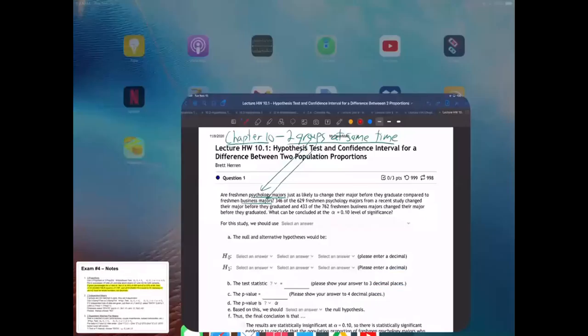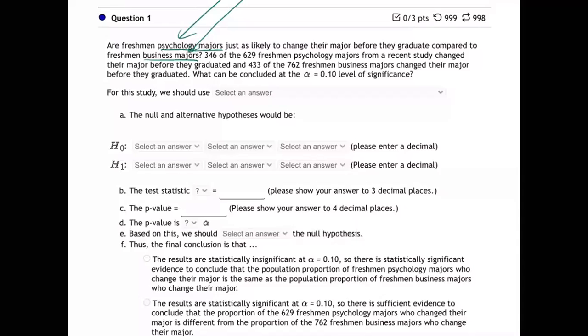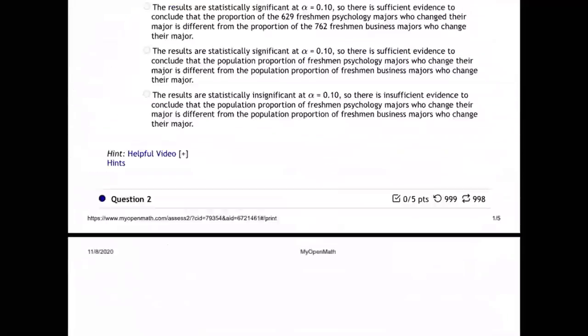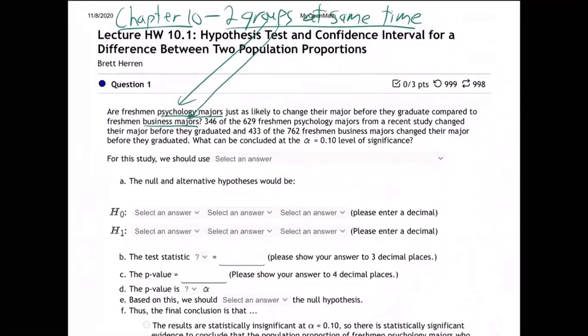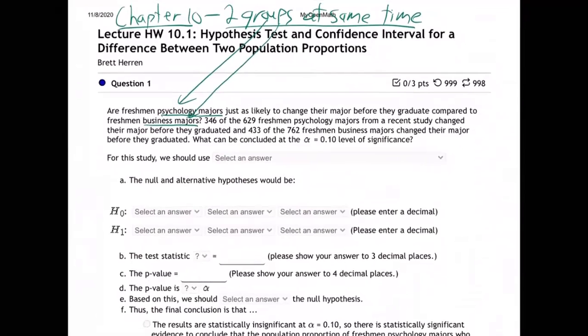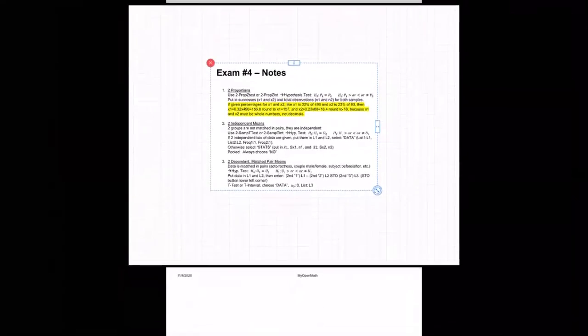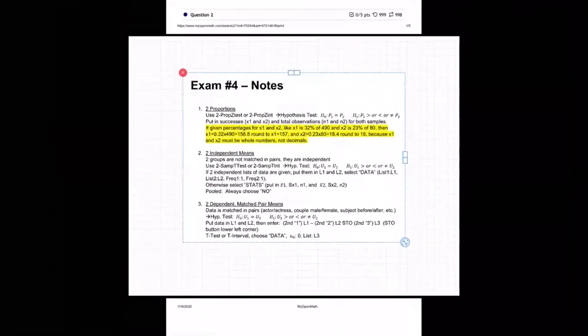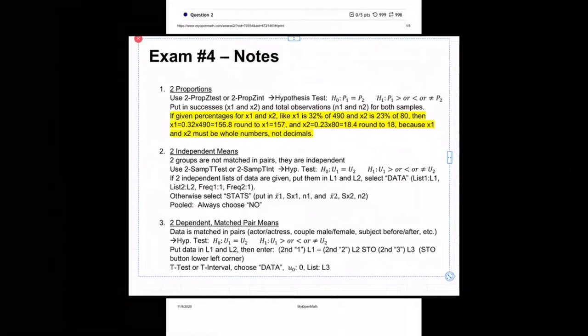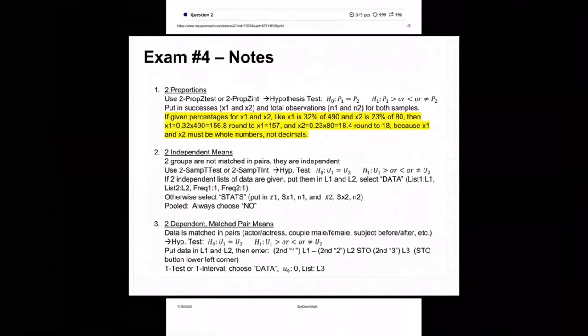All right, I'll bring that over for us. Let's see, we have that. Yeah, perfect. All right, so I'm going to add that down here for us. And there it is. Okay. So there is our exam 4 notes.